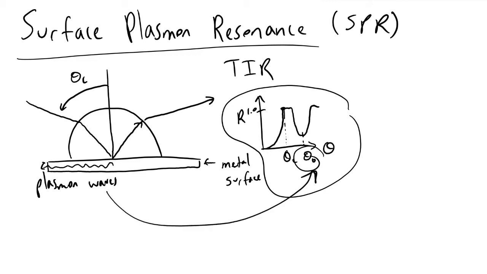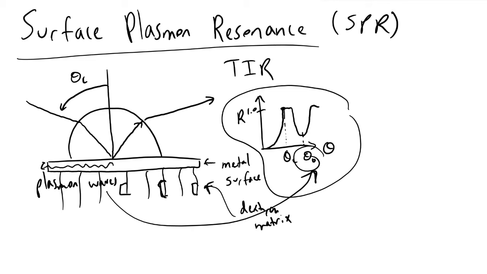With this theta naught value, what scientists do in lab is they will now tack on something referred to as a dextran matrix. And on this dextran matrix, we'll attach some ligands. Ideally these would all look exactly the same, but you get the point.